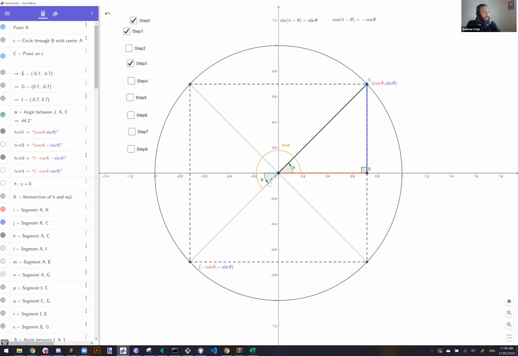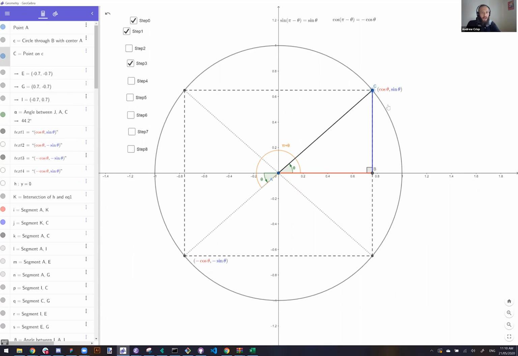But by the exact same token as we were thinking about before, if this is theta, this is theta as well. You can think of them being vertically opposite angles. And this orange angle that goes all the way around here is pi radians plus an extra theta. It doesn't matter where we are.